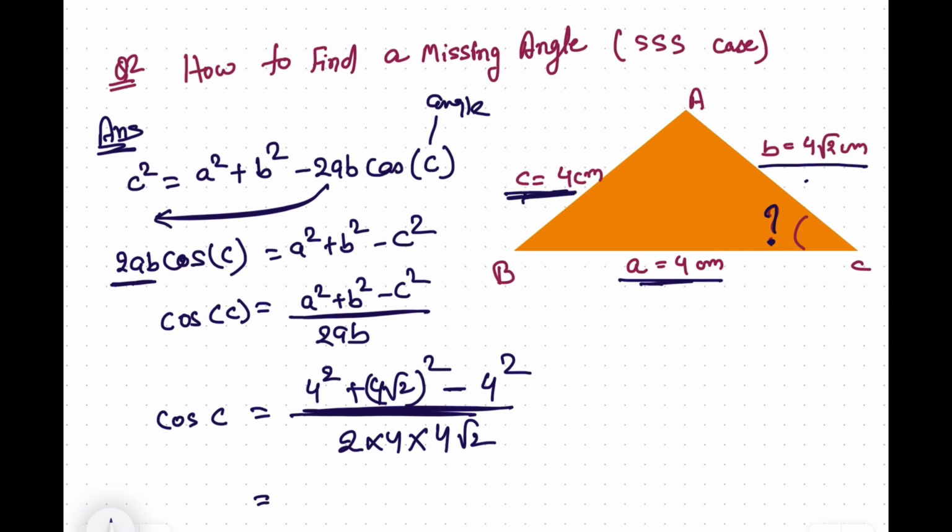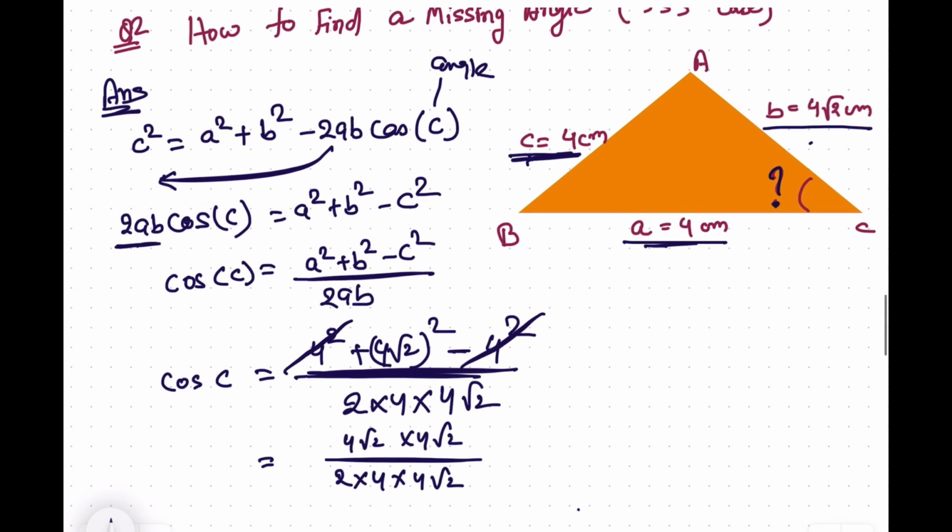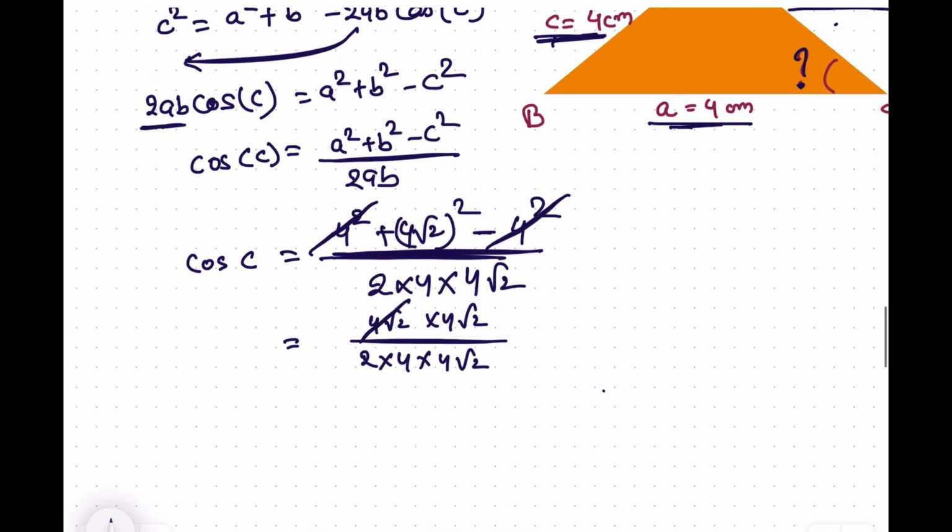So from here, 4 squared minus 4 squared will cancel out. This is 4 root 2 times 4 root 2, divided by 2 times 4 root 2. From here we can cancel the 4 root 2. Now what is remaining? 4 root 2 divided by this 2 we can write as root 2 times root 2, right?